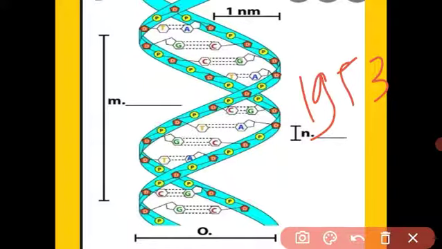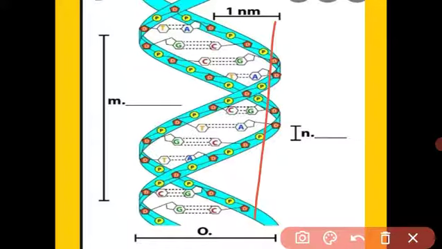So the DNA structure is also called the Watson and Crick model. Why is it called the Watson and Crick model? Because Watson and Crick were awarded the Nobel Prize for the structure of DNA. They were the first to propose the double-stranded helical structure of DNA.